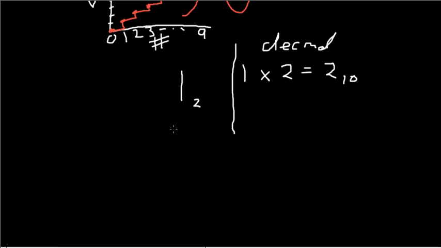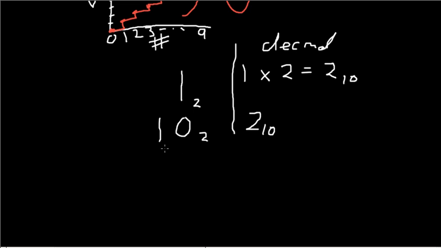If we have a number that's 1, 0, in binary, the simple thing to remember is every time you add a digit to the left, you double the previous column. So if this column here is the ones column, this column over here is double the ones, or 2 times 1, which is 2.